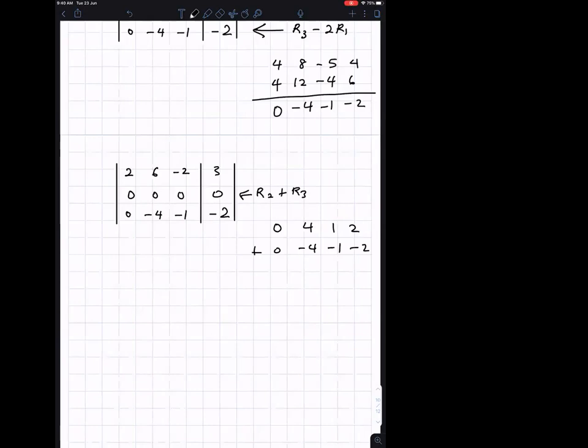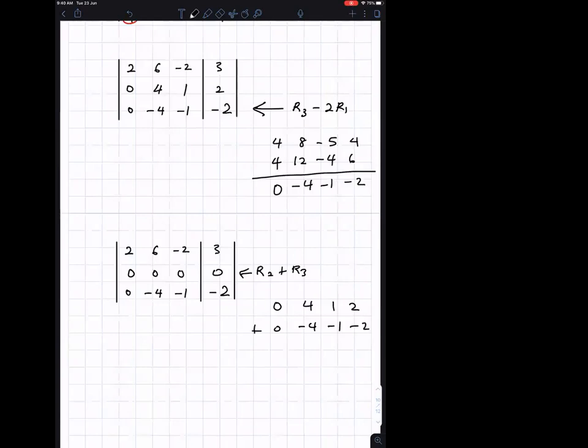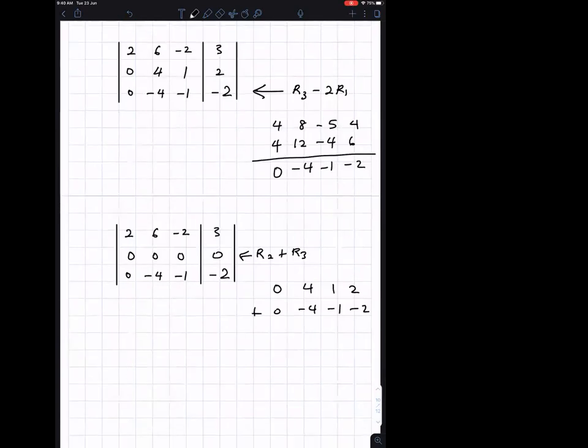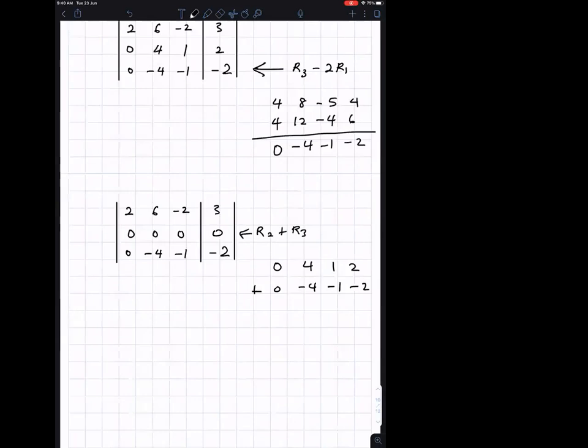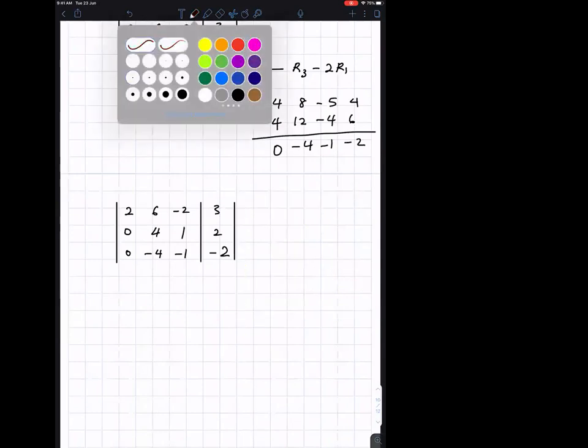So what else can we do? Since we are trying to achieve Gauss-Jordan, it would be desirable to have the 0 here, right? So let's go back here and try this.